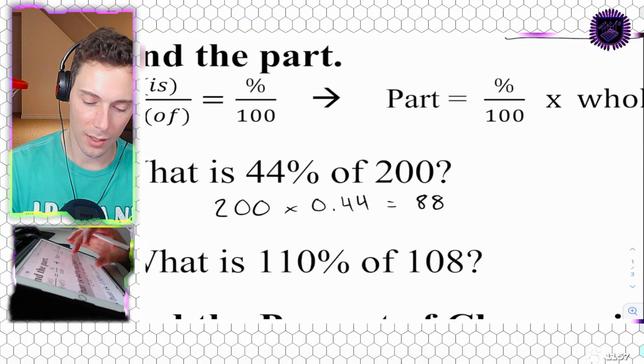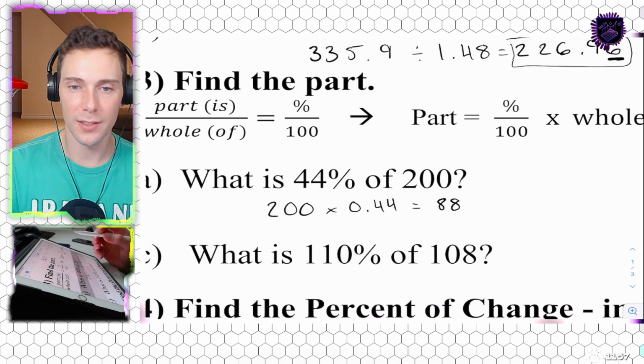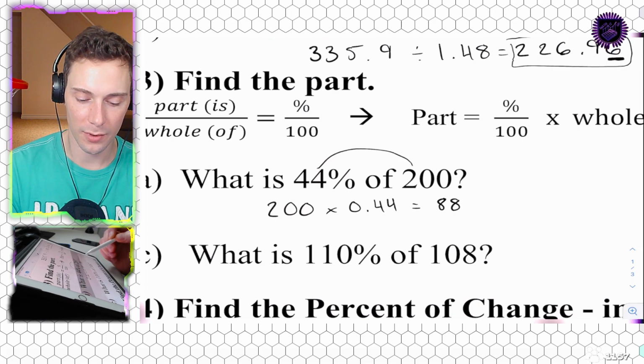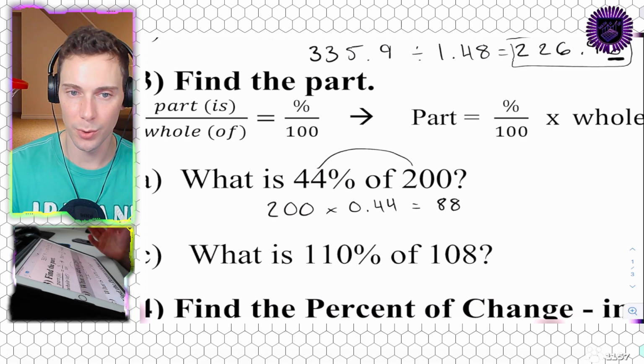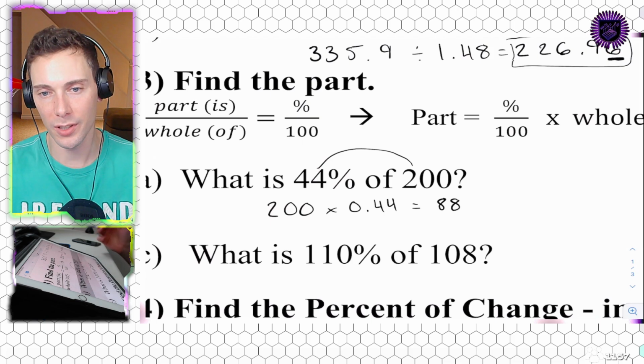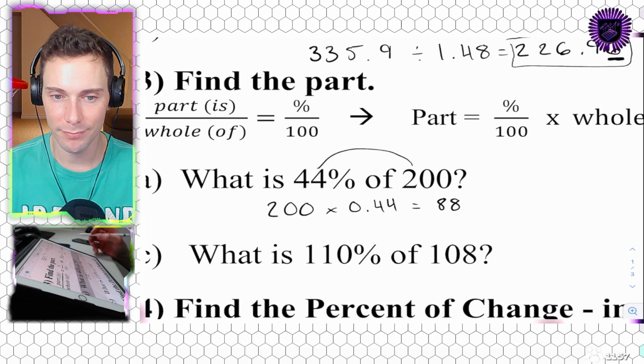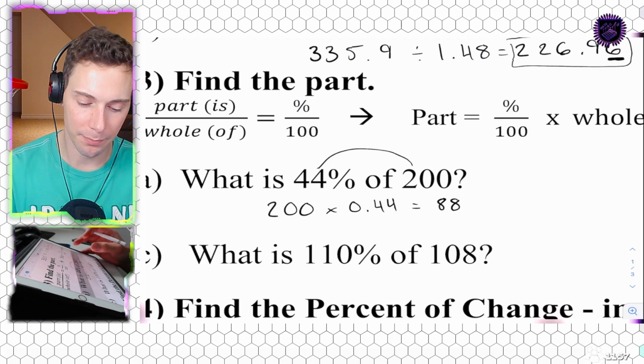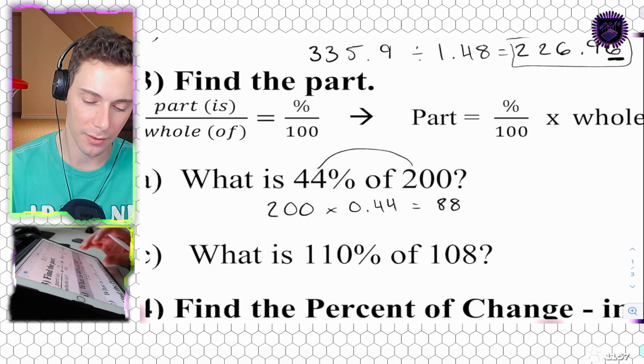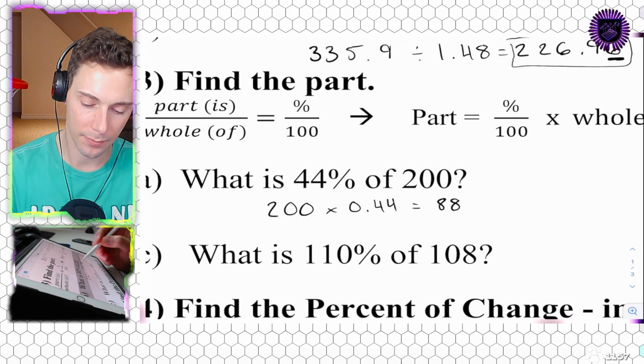Just a trick there: because it's multiplication, you can flip. So I just did 200% of 44 rather than 44% of 200. But keep it simple. Actually do it on your calculator. No problem. 88.